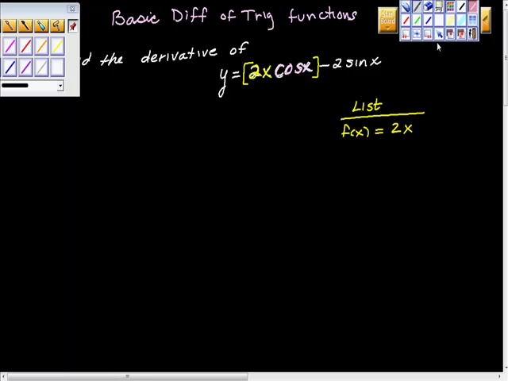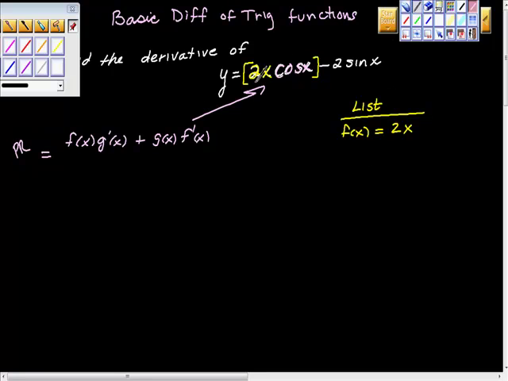If you remember, the product rule is f of x g prime at x plus g of x f prime at x. I'm doing it the same way the book shows, though it doesn't matter what order you do this in. I'm going to apply this product rule to this part right here.